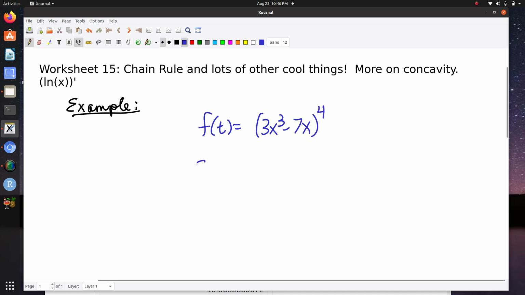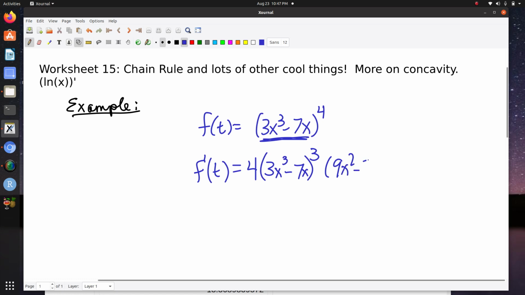We want to find the derivative. So we take the derivative of this mess, think of that as being the t, and so that's 4t cubed, but then dt dx is going to be 9x squared minus 7.